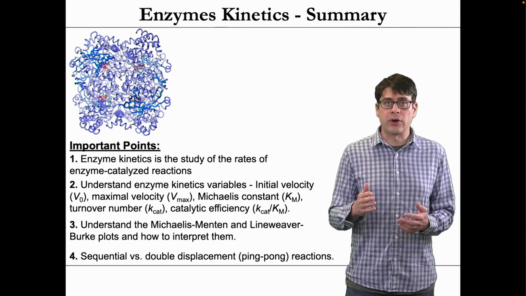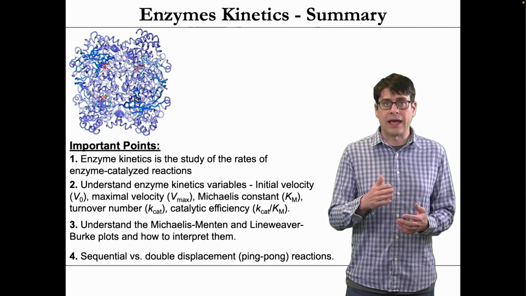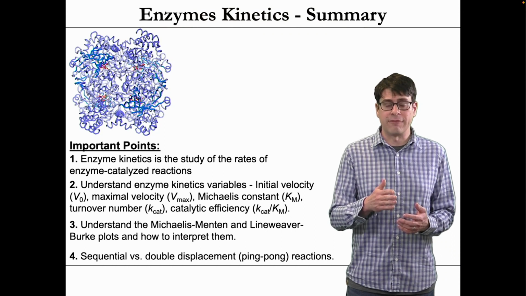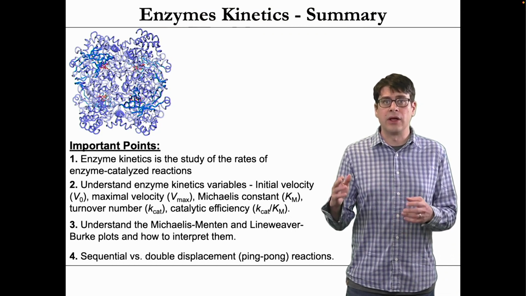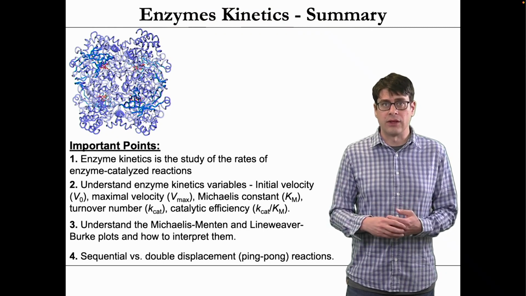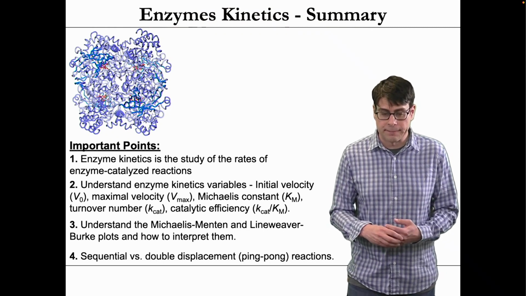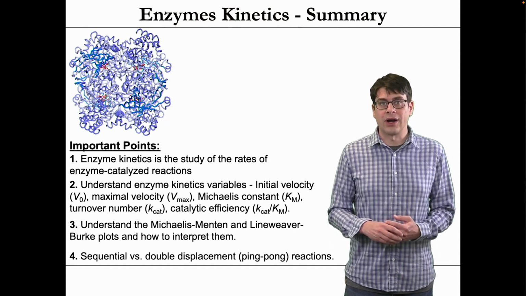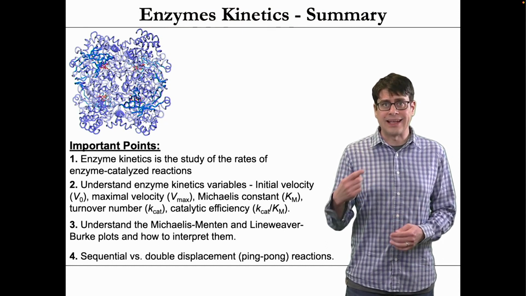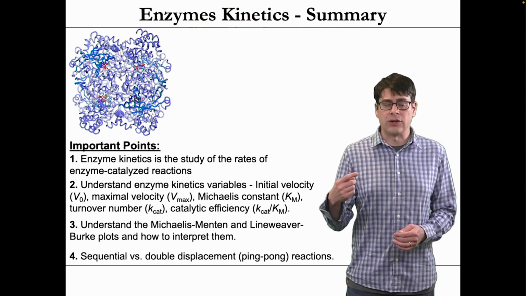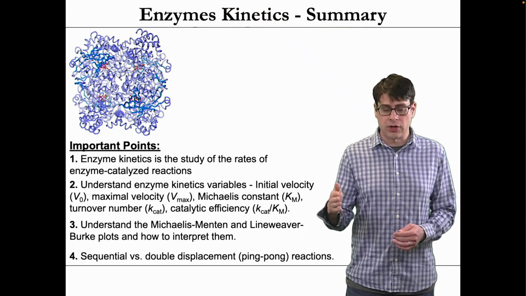You need to remember that the lower the Km, the higher the affinity the enzyme has for the substrate, and the higher the Km, the lower the affinity the enzyme has for the substrate. We also went over turnover number, which is Kcat, which is how quickly an enzyme can turn over the substrate, so how quickly it can convert substrate to product.